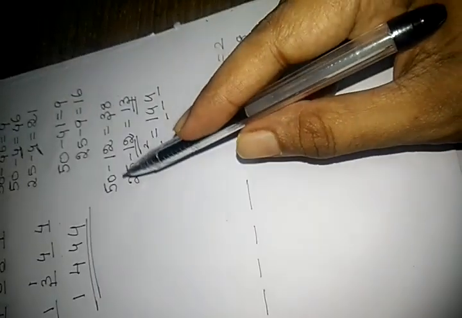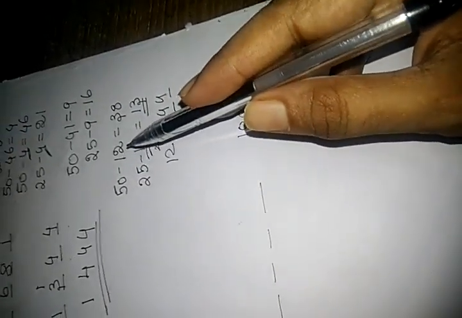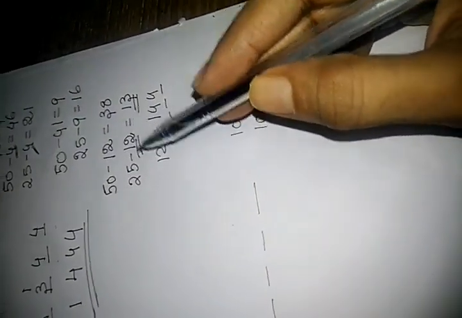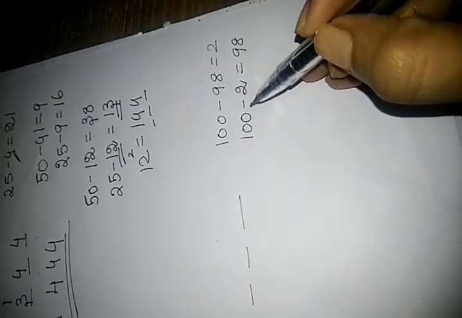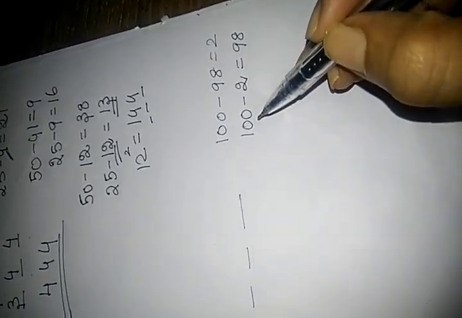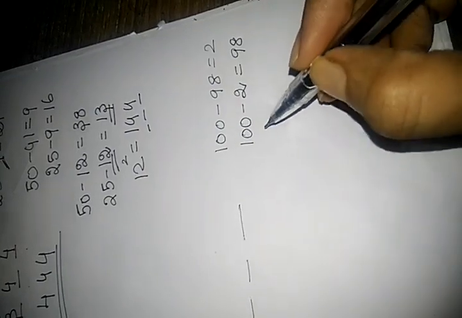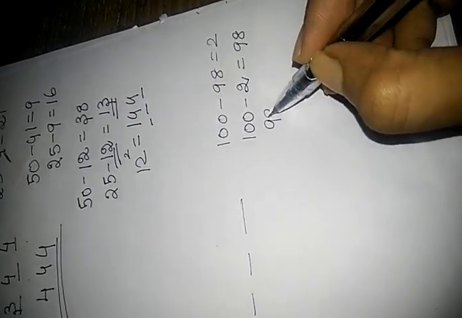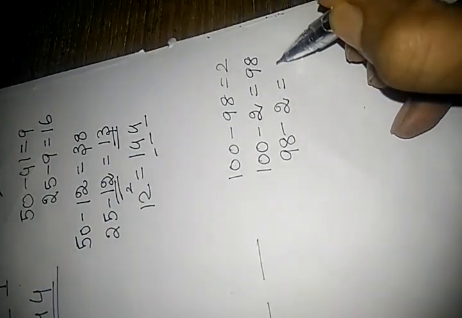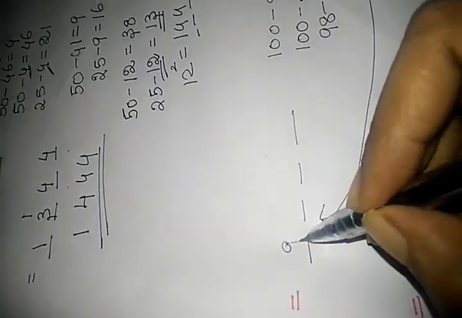Whenever you are subtracting 50 minus 12, you consider 25 minus 12. Here with 100 minus 2, whenever you are following the 100 base, the main rule is you need to consider the given number. The given number is 98 itself. So here 98 minus 2 is the number to be written in the first 2 places. So I am simply writing this 96 in these first 2 places.